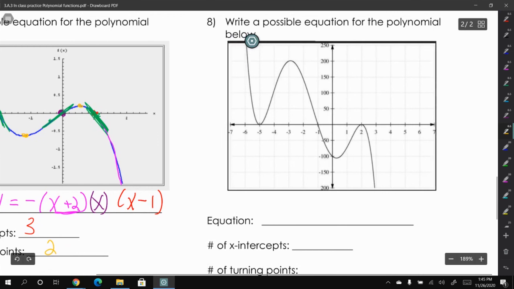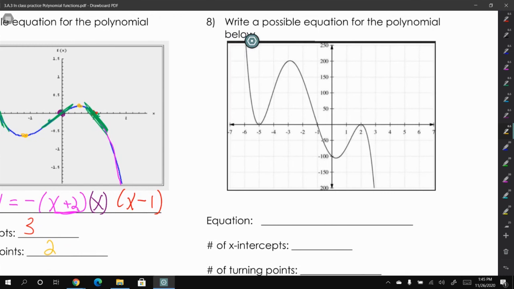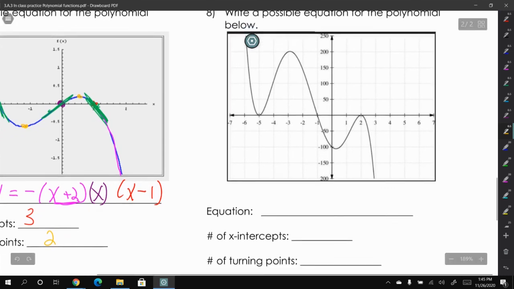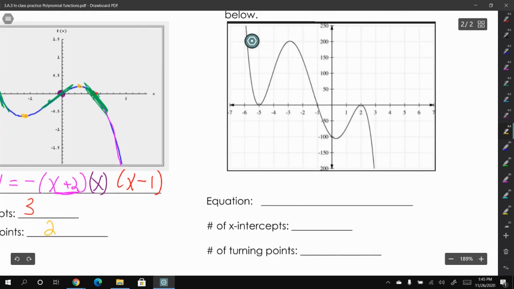Here, write a possible equation for the polynomial below. So this one is a little bit different because I see I have two bounces here at -5 and at +2. My leading coefficient is still going to be negative since the right side goes down. So y equals negative.